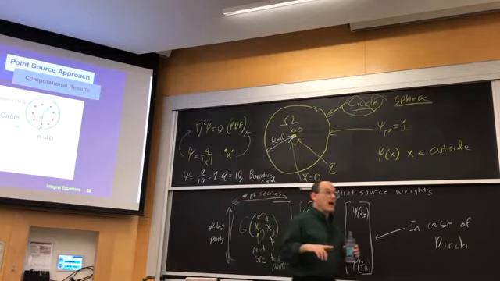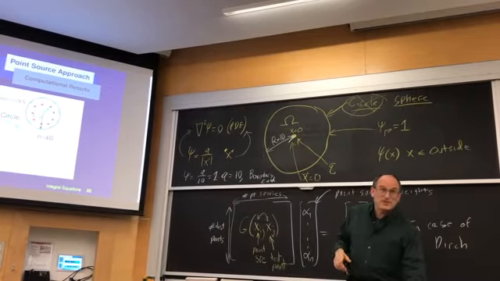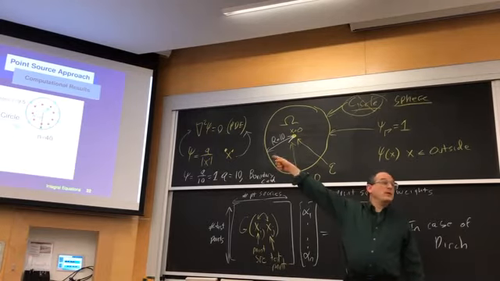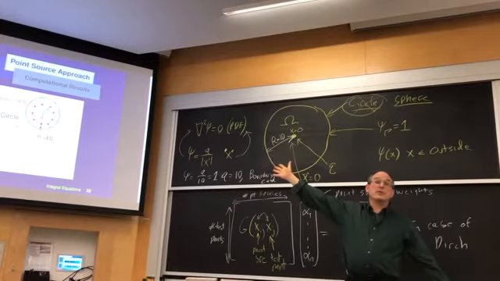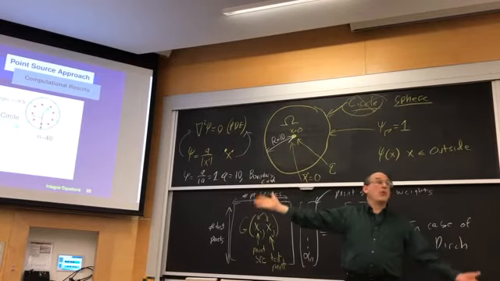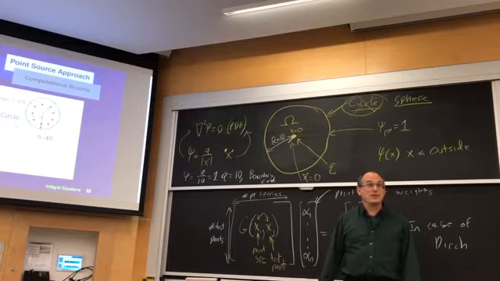So the neat thing about them is this. No matter what you do, wherever you put the point sources, wherever you put the test points, however ill-conditioned the matrix is, the solution you get, does it always satisfy Laplace's equation? So you're constructing a solution that always satisfies Laplace's equation.